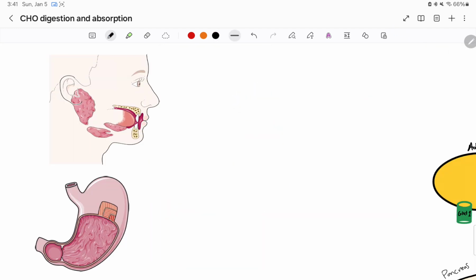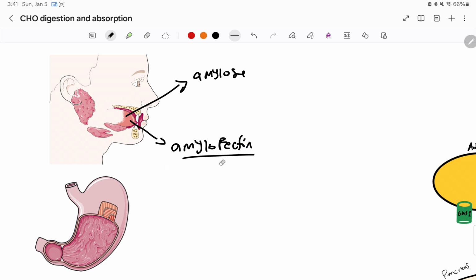So at the level of the oral cavity, you're going to have ingested two things here. First you ingested amylose, which was that linear molecule, and then you ingested amylopectin, which was that branched molecule. Now, remember, amylopectin had alpha-1,6 bonds, so we can't cut that.